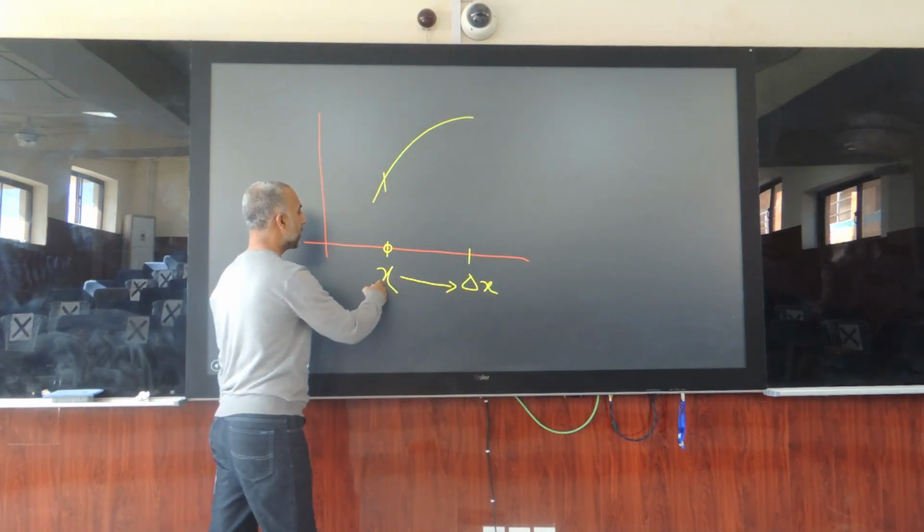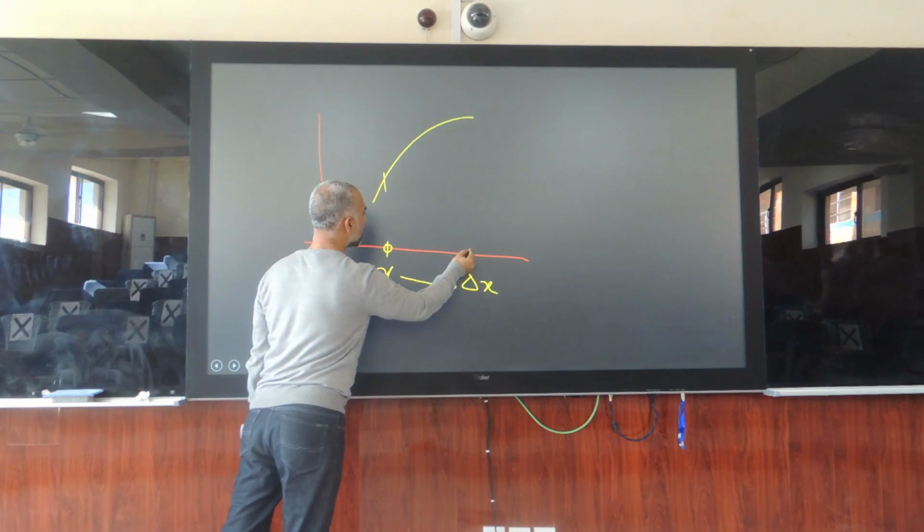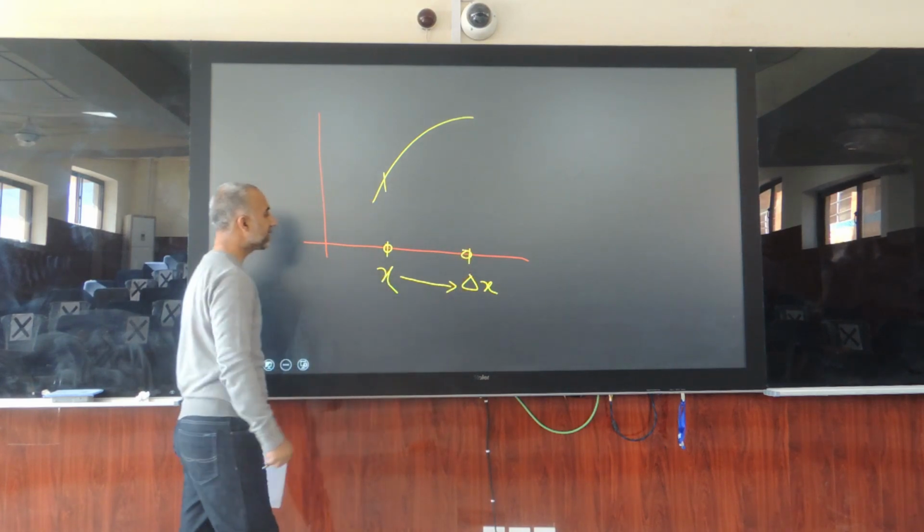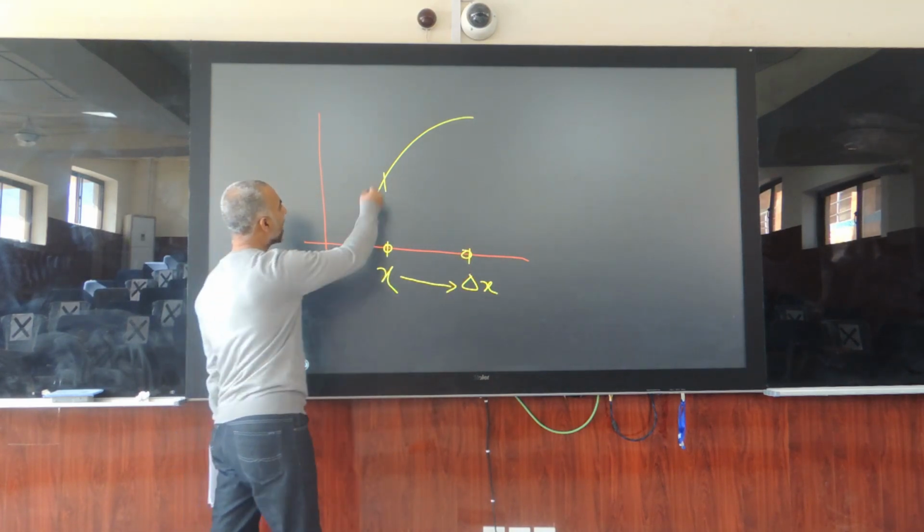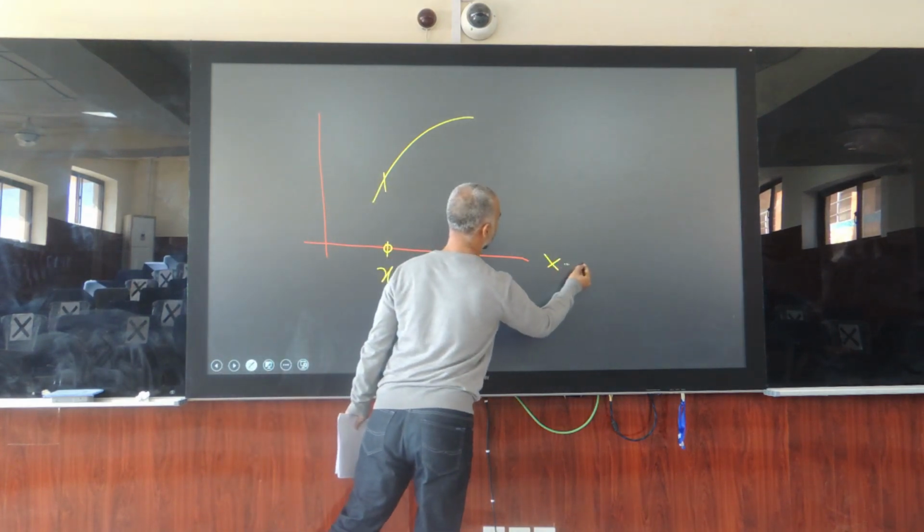So the total change from this position to this position can be represented with delta x along the x-axis.